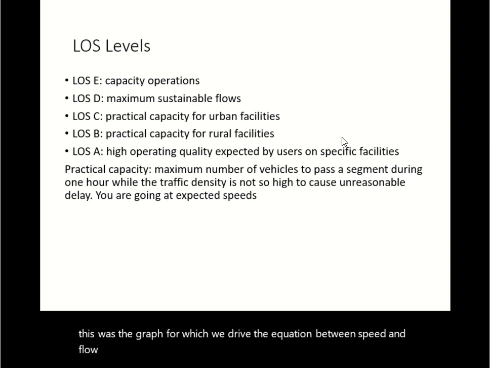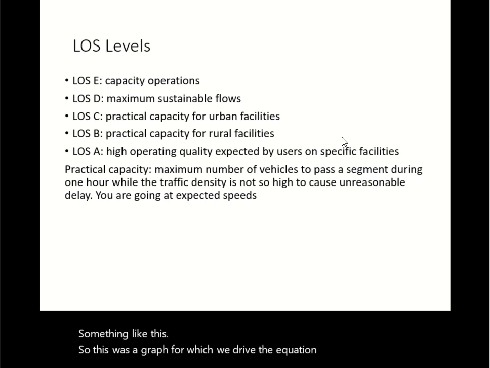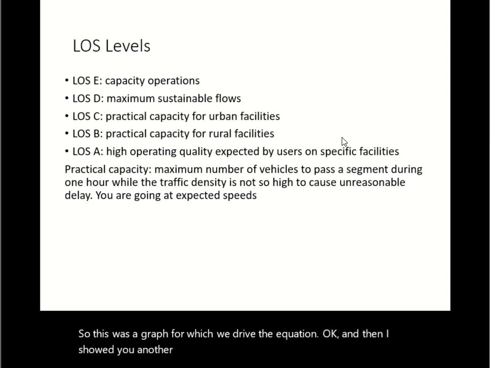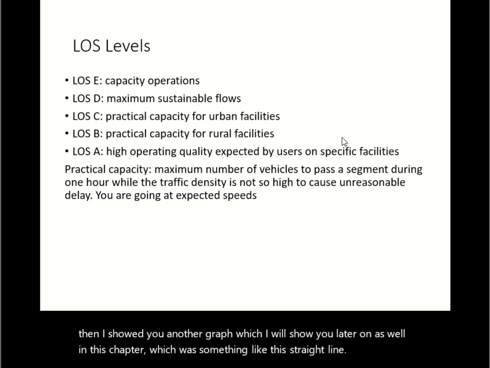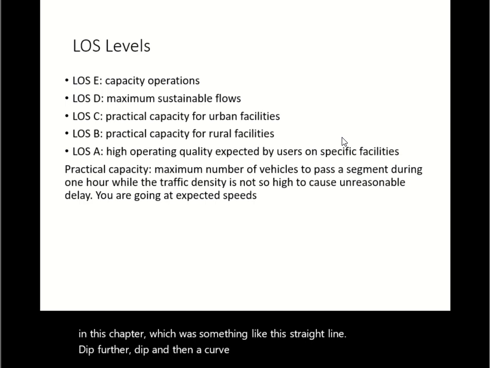Flow equals something into s minus something into s square, something like this. And then I showed you another graph which I will show you later on as well in this chapter, which was something like this: straight line, dip, further dip, and then a curve. This is for the purpose of having the equation.